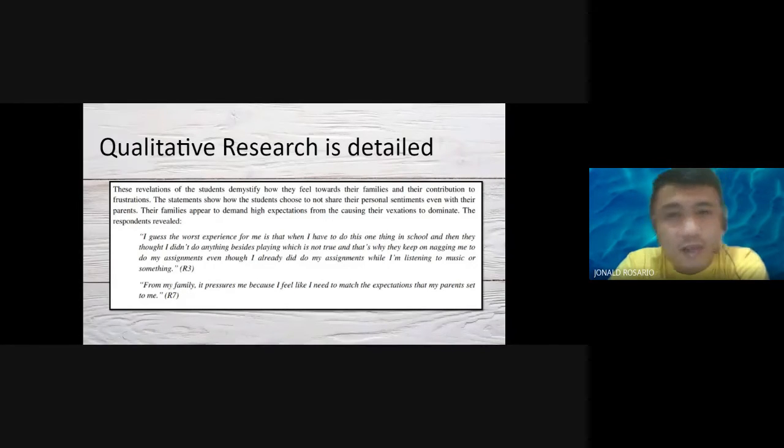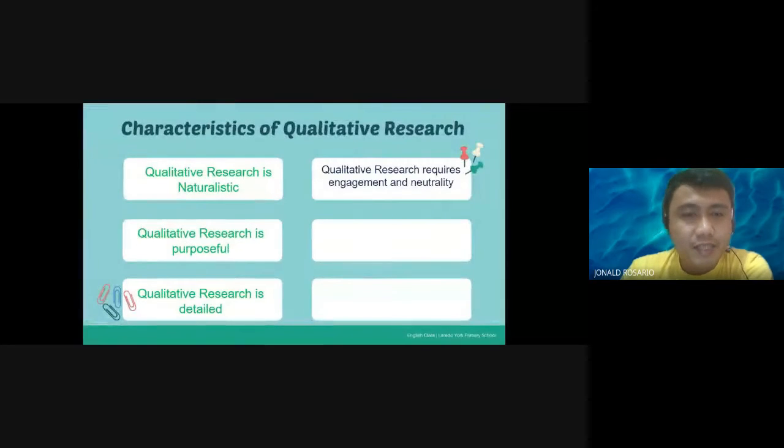Pwedeng ang response sa'yo, sir, napakahirap po. Ang dami pong kailangang i-consider. Marami pong distractions. So yung mga response na yan ay isusulat mo yan doon sa iyong research paper. Okay? So that's why qualitative research is detailed. Pakisulat na rin po yun. Next one, qualitative research requires engagement and neutrality.